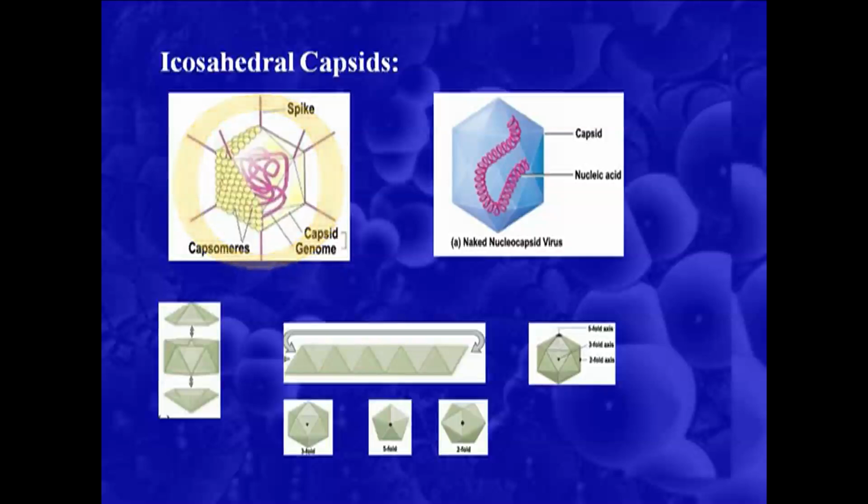Within this structure there is maximum space for packaging of the viral genome. As you can see, the virus genome is packaged inside this capsid, and this viral capsid has three different axes: a 3-fold axis of symmetry, a 5-fold axis of symmetry, and a 2-fold axis of symmetry. An example of a virus bearing an icosahedral capsid is adenovirus.